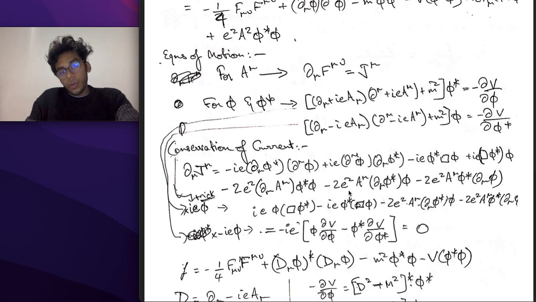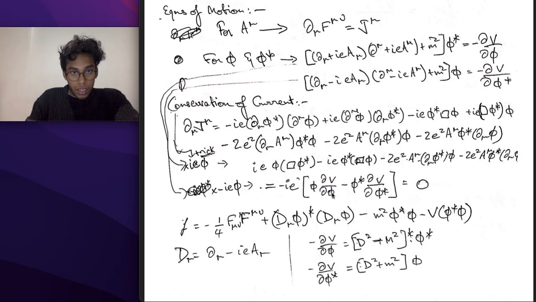So what we need to do is employ our famous trick again, right? We need to multiply the first term, that is coupled to phi star, by IE phi, and the second term that is coupled to phi with IE phi star minus IE phi star.